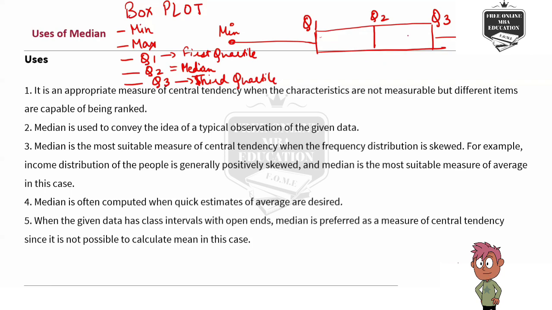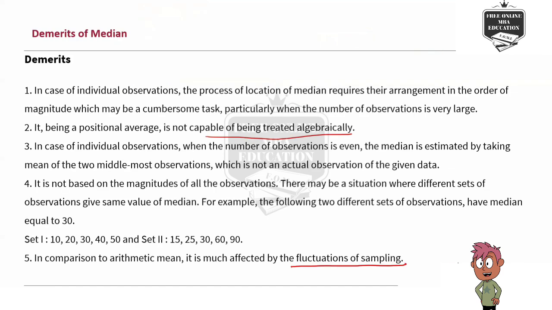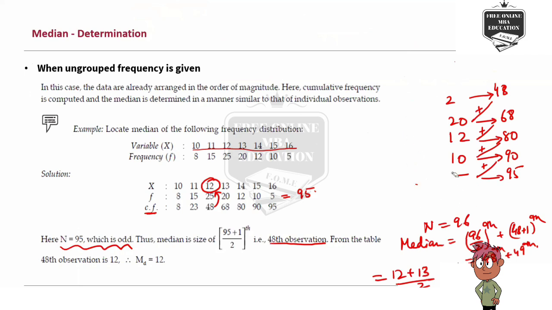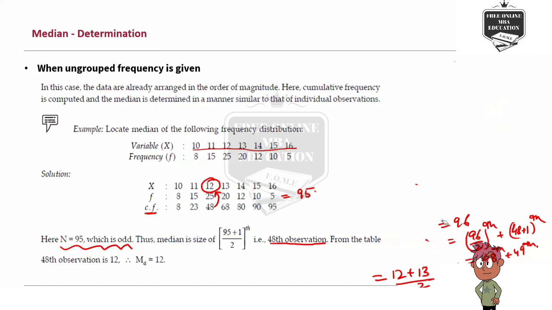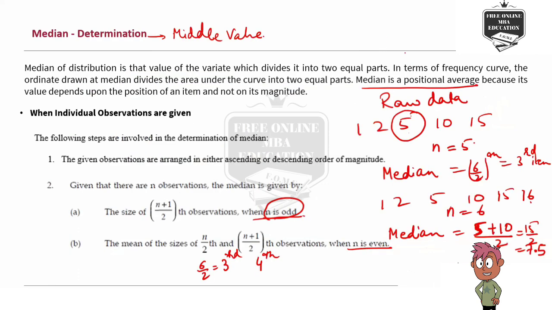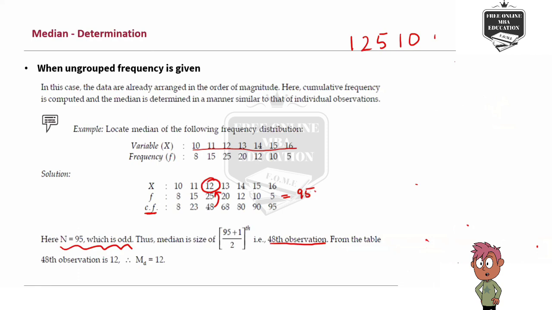Now, let me erase this, or let me just take another data that I just took: 5, 1, 2, 5, 10, and 15.